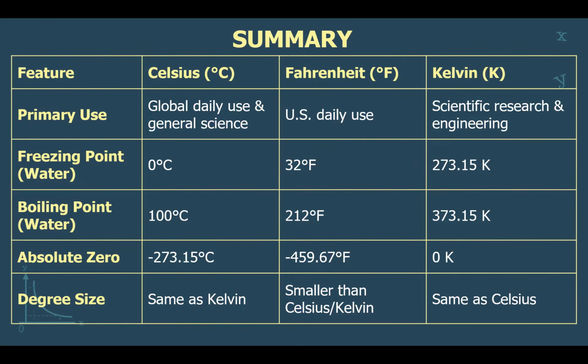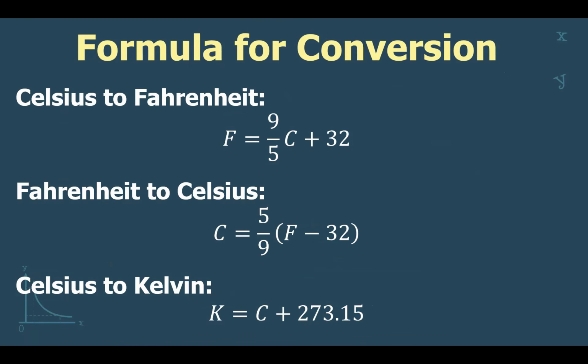Since we know that there is more than one unit measurement of temperature, we need to know how to convert from one unit to another, based on their usage and also based on your location. So let us have these formulas.